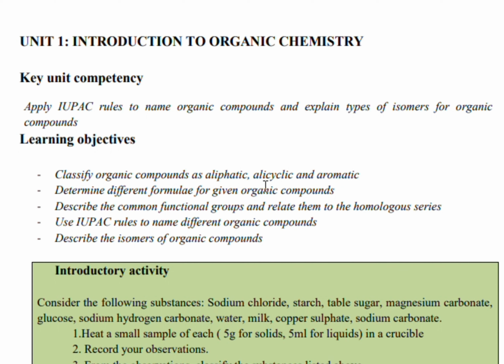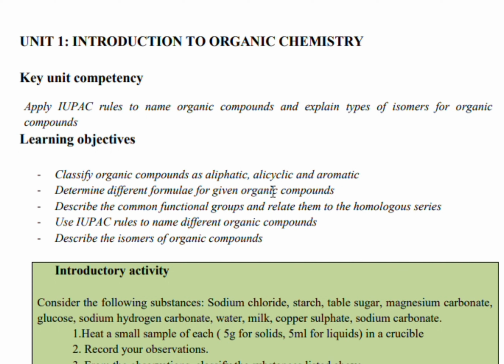Alicyclic compounds are also cyclic, but they are derivatives of aliphatic compounds. It means that they are not aromatic because they don't have carbon-carbon double bonds in the form of resonance.